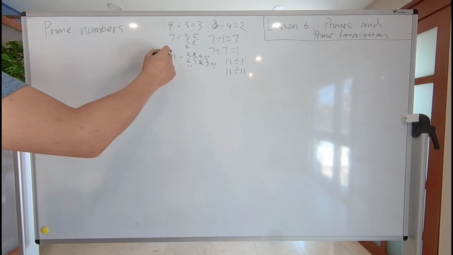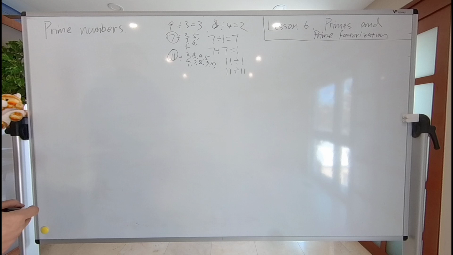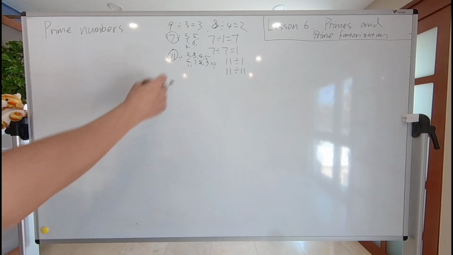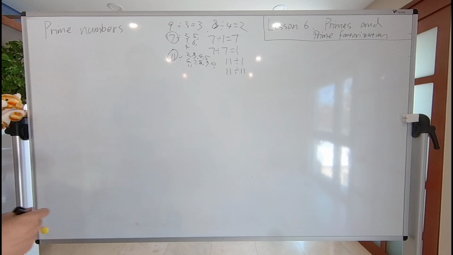So we call this type of numbers prime numbers. In other words, other than the number 1 and the number itself, it has no other factors.